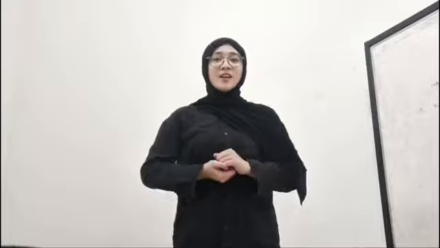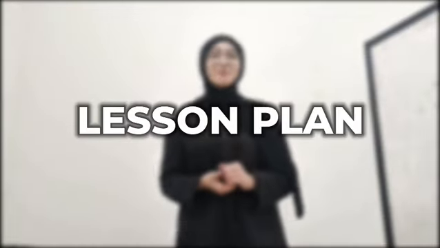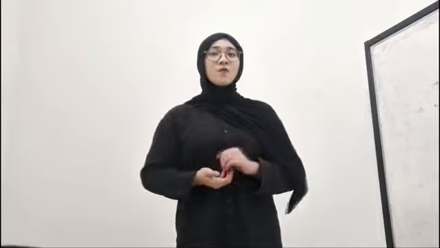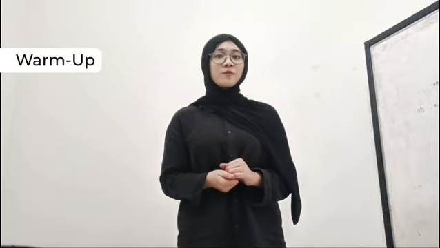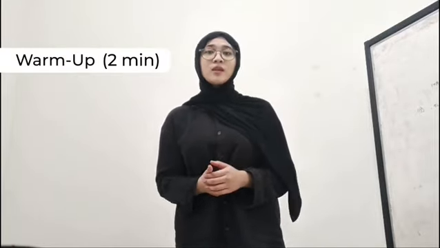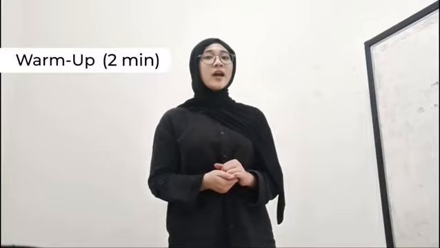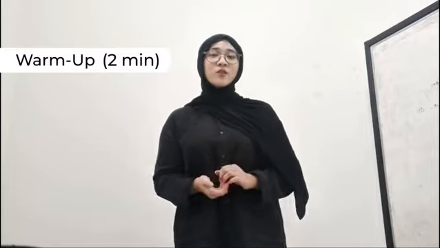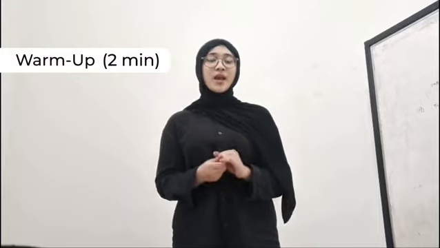Thank you, Maiti. Here's our 30-minute lesson plan. Our objective is for students to name classroom objects. For the stages, we start with a warm-up for 2 minutes by singing a hello song with clapping and stretching to make students more active.